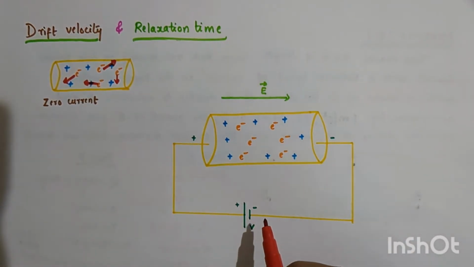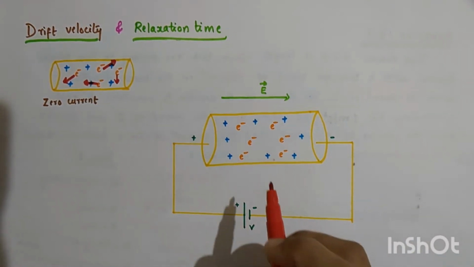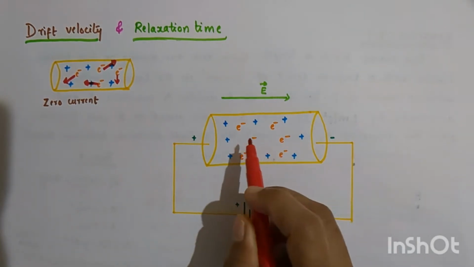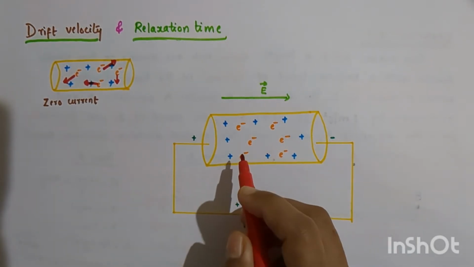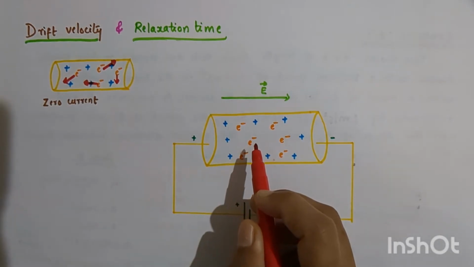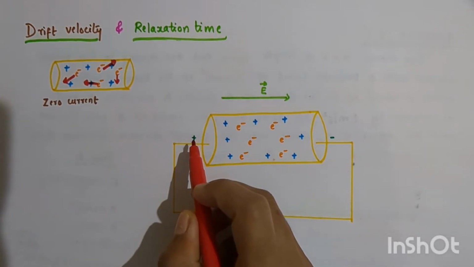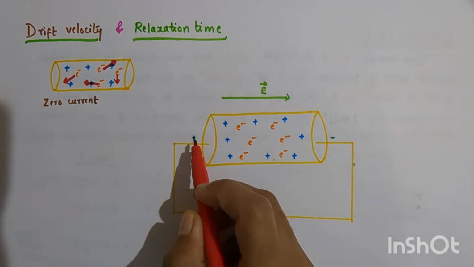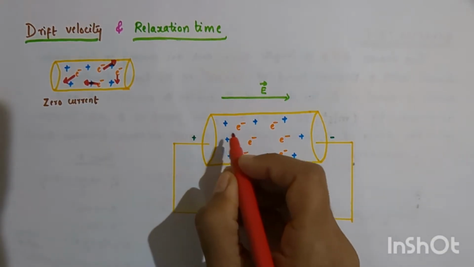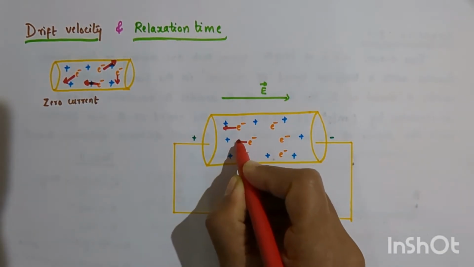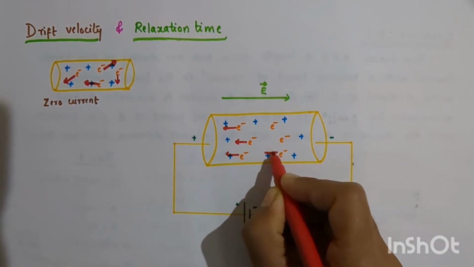But when an external battery is connected, the directions of motion of all these electrons get fixed. We know that electrons are negatively charged particles. This end of the metal now has a positive potential, so these electrons will get attracted to this positive potential region.